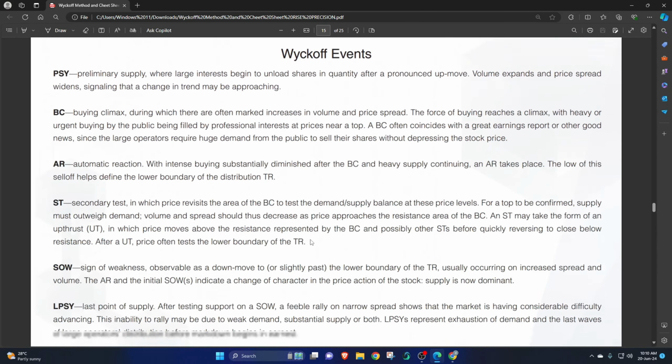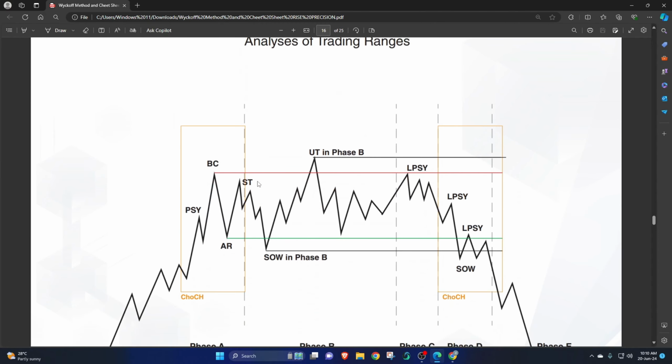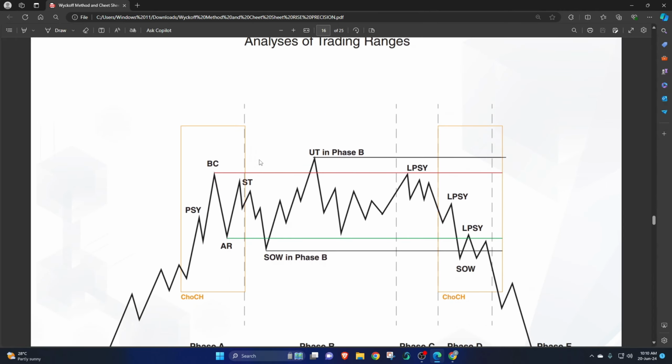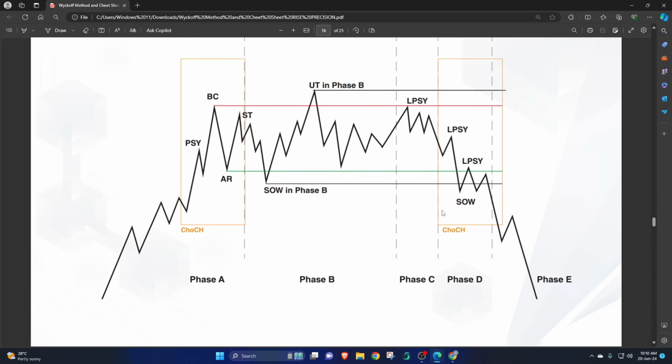These are called Wyckoff's events. It's too much to talk about, so you can look this up on the internet and go through it slowly. But what I'm going to do is focus on phase A and phase B, which I believe we are currently in.